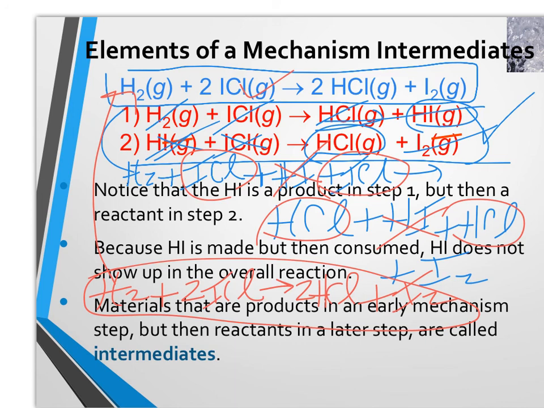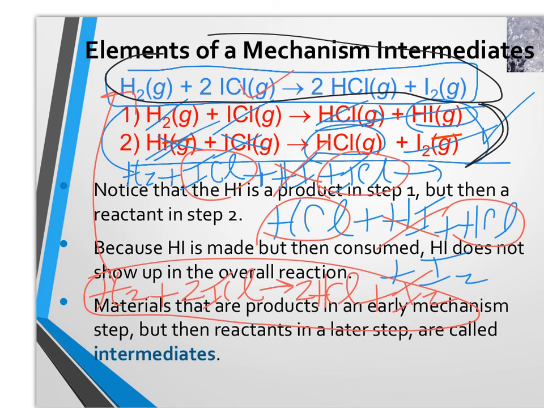And finally, hopefully you can take a minute and read the words in this slide that I've now scribbled completely over. But make sure you understand what an intermediate is, okay? You can detect an intermediate only by looking at the elementary steps. So the definition of an intermediate is something that does not appear as a reactant or product in the overall reaction, but is formed during the reaction and used up during the reaction.